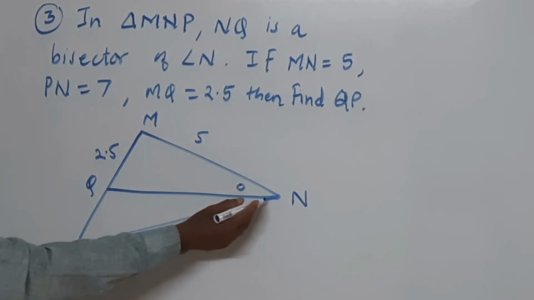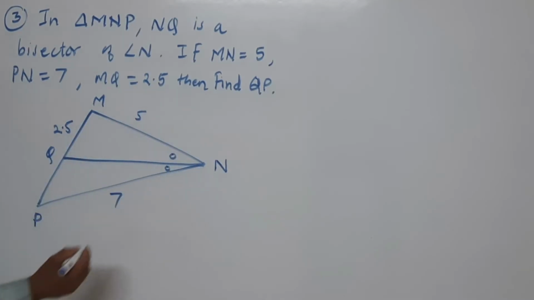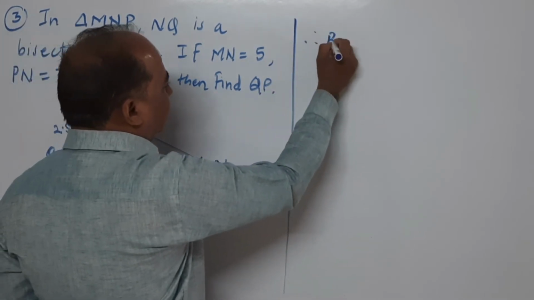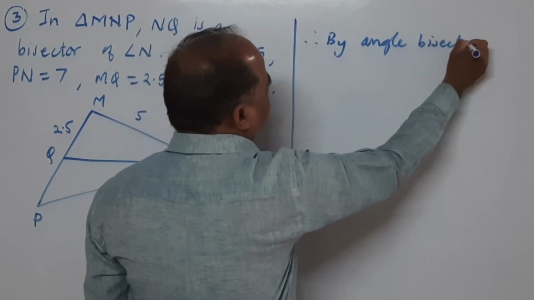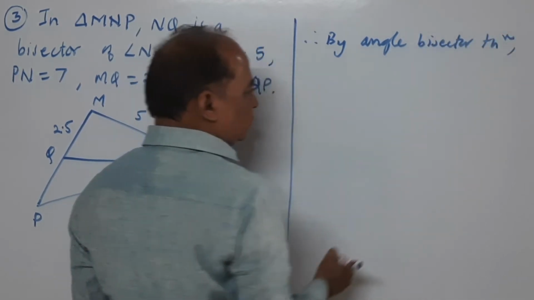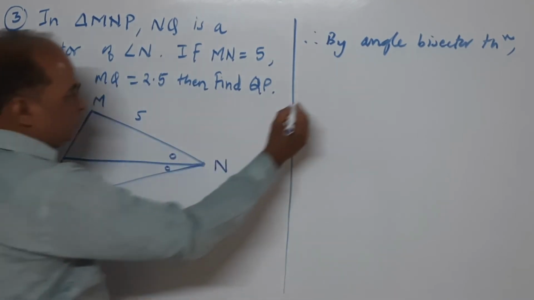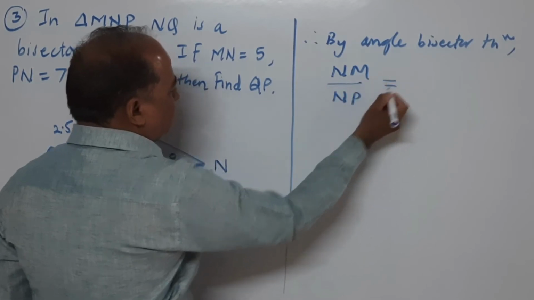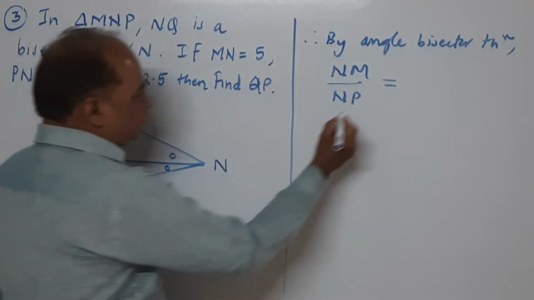As ray NQ is the bisector of angle N, therefore by the angle bisector theorem, NM upon NP is equal to MQ upon QP.